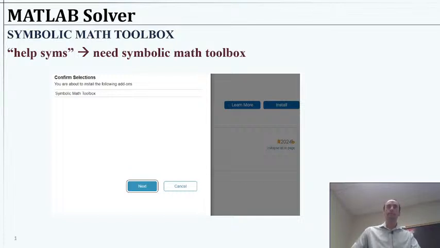PC. Yeah, it runs pretty slow on my Mac. MATLAB does? The web version? Okay. So the web version may have the Symbolic Math Toolbox already in and running. That may very well be the case. So if you're using the web version, maybe none of this matters, would be my guess.